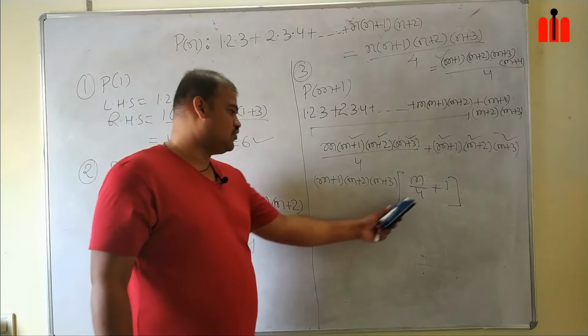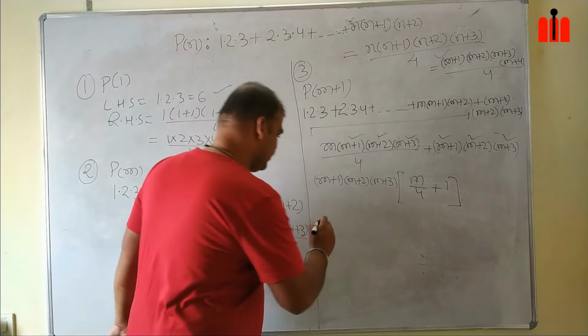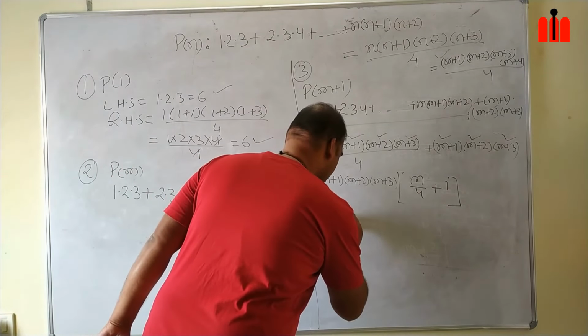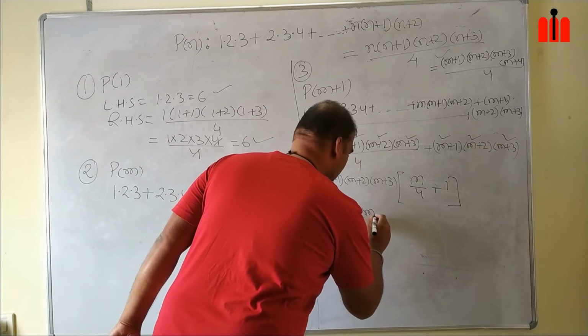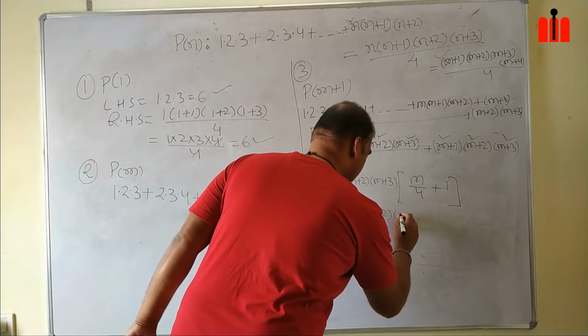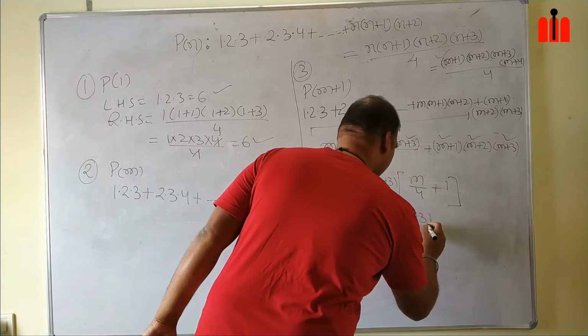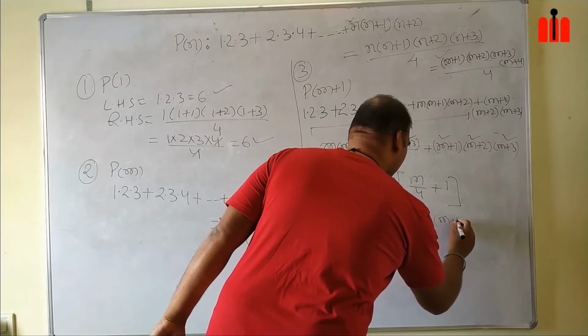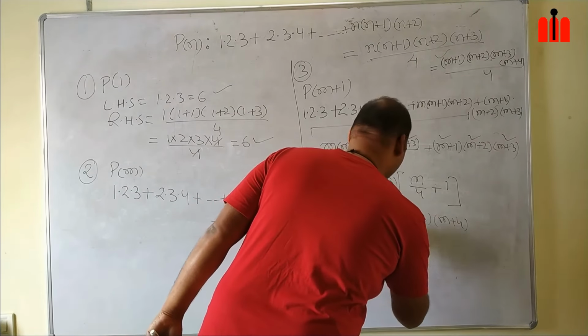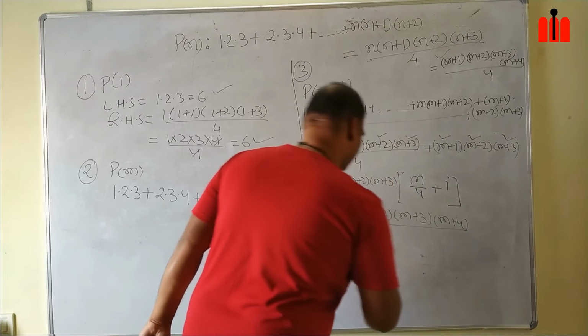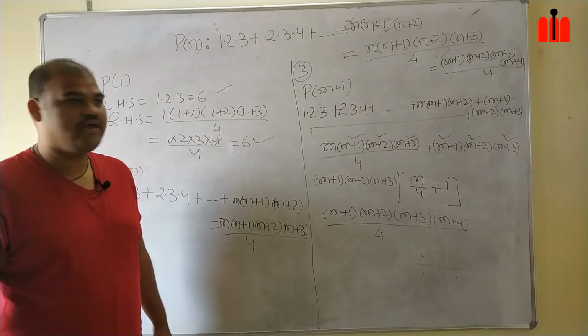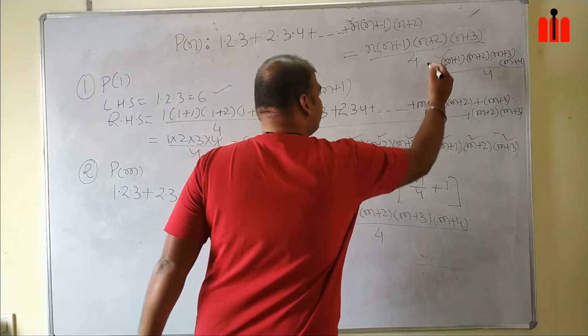Now you take the LCM over here, then you will get M plus 1, M plus 2, M plus 3, M plus 4 whole divided by 4. So this is what we got.